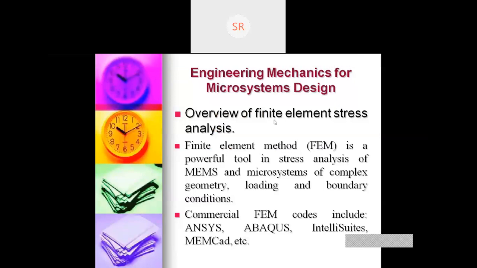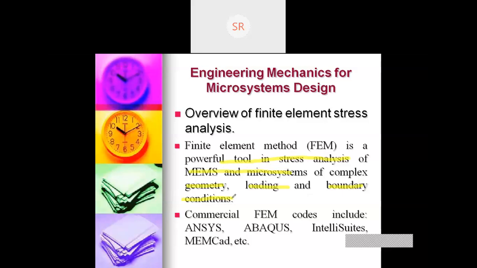So the finite element method is a powerful tool in stress analysis of various MEMS and microsystems of complex geometry, loading and boundary conditions.